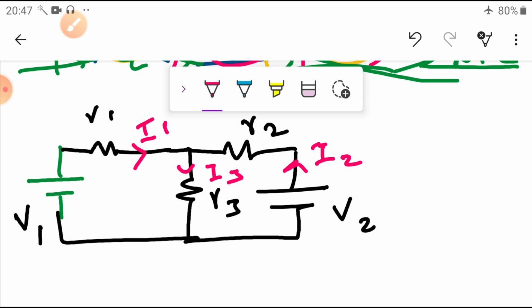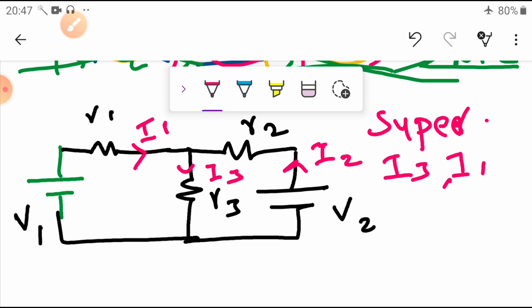Let us assume. Now by using the superposition theorem, I am going to calculate the current. What is the I3 current, and what is the current of I1 with the influence of V2 also, and the I2 current with the influence of V1. These are what I want to know.